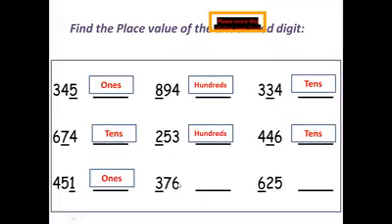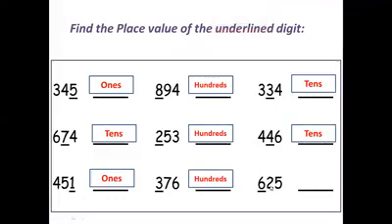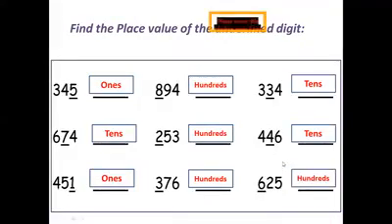Start from here. This is ones, this is tens, and this is hundreds. So the place value of 3 is hundreds. Excellent. This one and the last one, 625. The underlined digit 6. What is the place value of 6? Excellent, hundreds. Okay, we finished the first part, the place value of numbers.